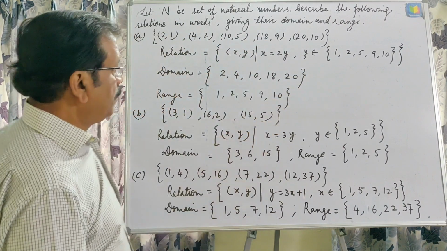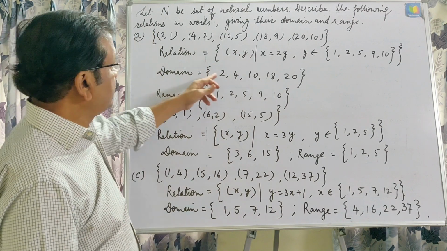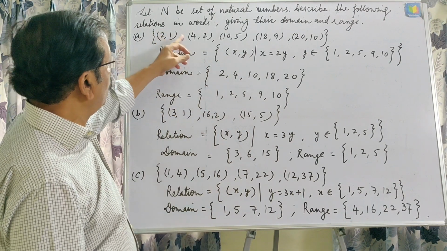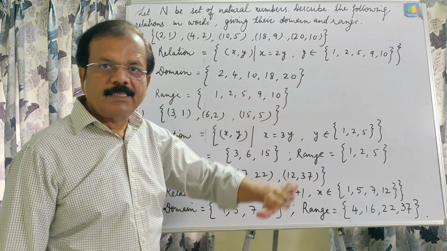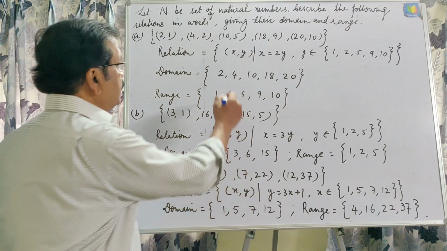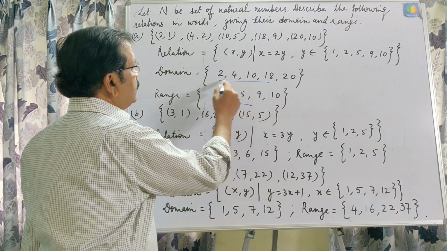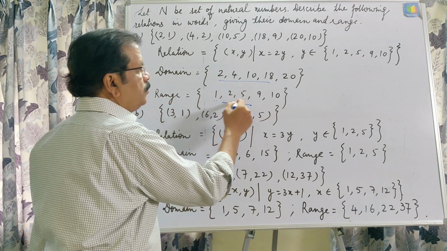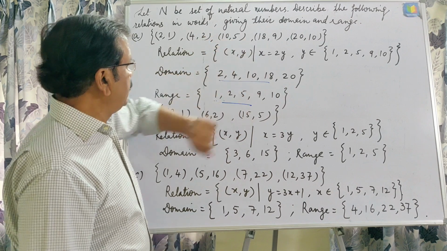We know the domain will be the set of first elements, that is 2, 4, 10, 18 and 20. In the same way, range is the set of elements that are images, and you can see these elements have images 1, 2, 5, 9 and 10.